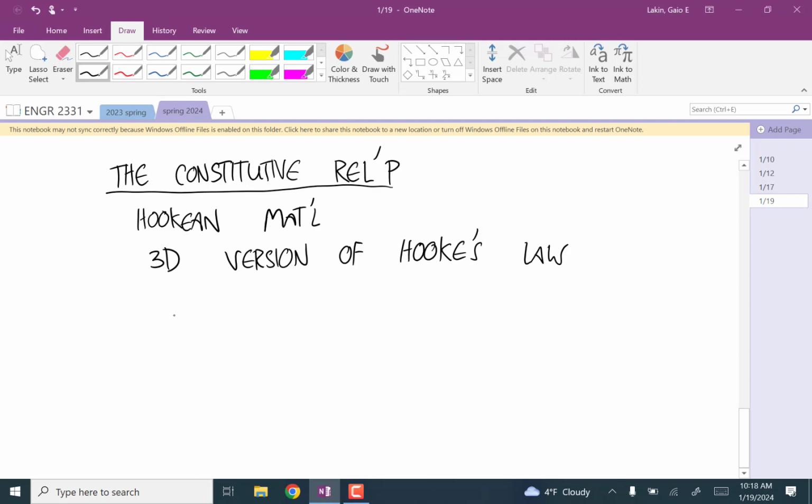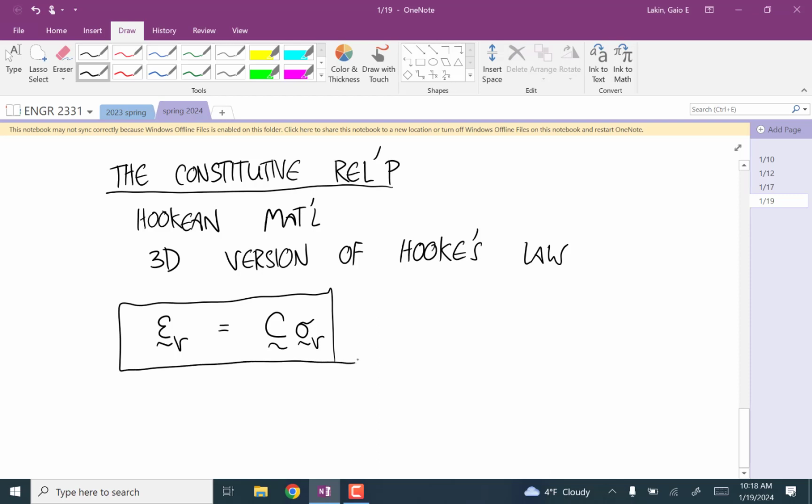And here's the way we're going to do it. The Voigt strain is equal to a matrix times the Voigt stress. This is the one we're going to see the most often.